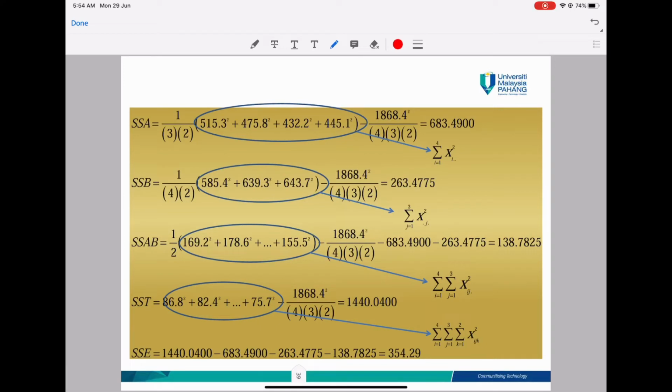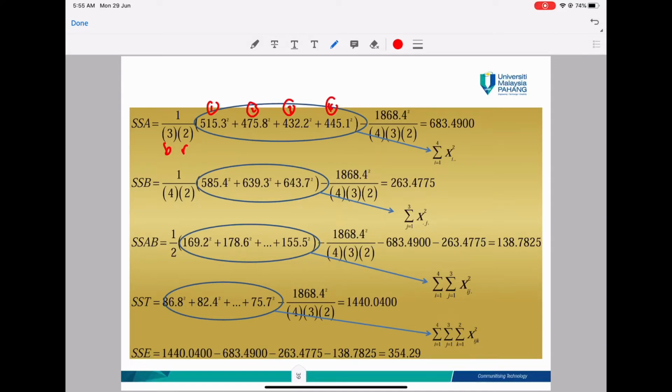Now we want to find the summation of squares for A, B, AB, total, and for error. So the first one we want to find is SSA. SSA equals 1 over BR, which is 3 multiplied by 2, multiplied by the summation for row number 1, row number 2, row number 3, and row number 4.